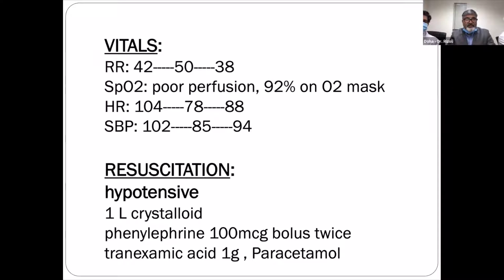The blood pressure was fluctuating from 102 systolic initially to 85 and at a point of time to 94 also after they resuscitated the patient. After they found that the patient was hypotensive, they gave a liter of crystalloid and 2 boluses of phenylephrine, 100 micrograms, and tranexamic acid and paracetamol for pain control and hemorrhage control.